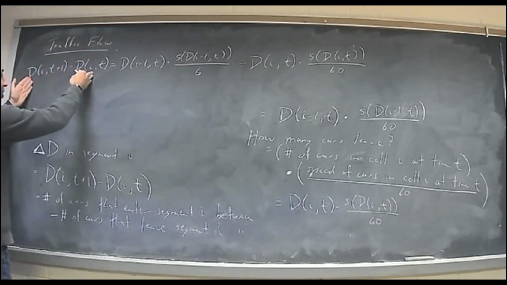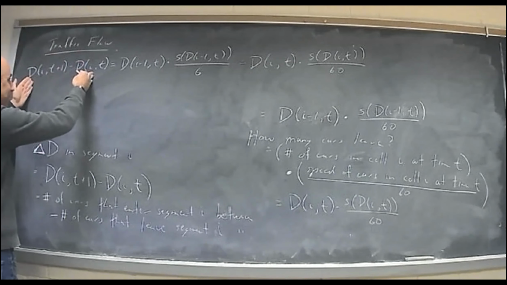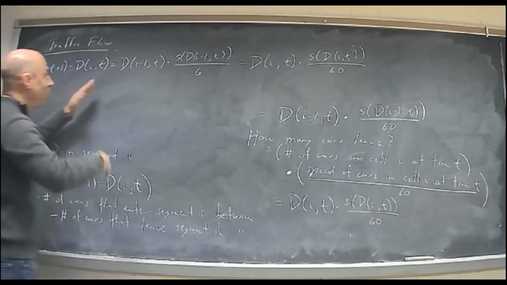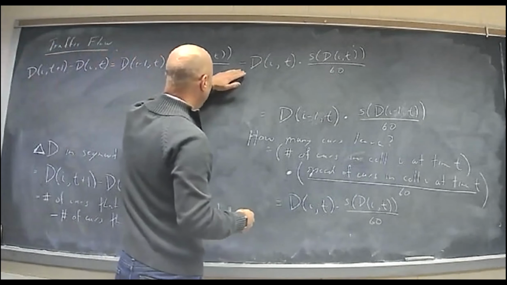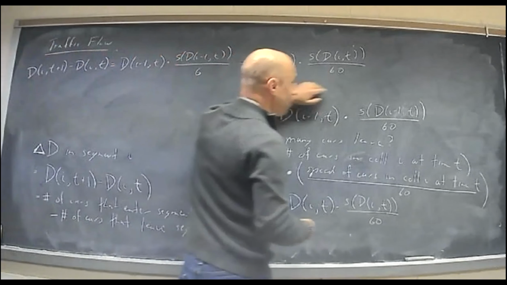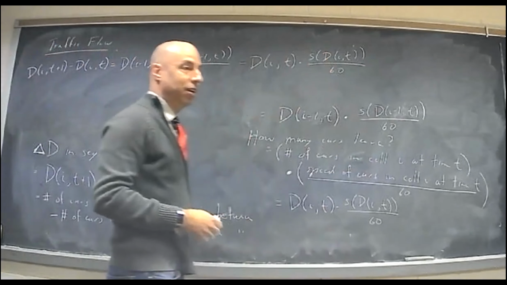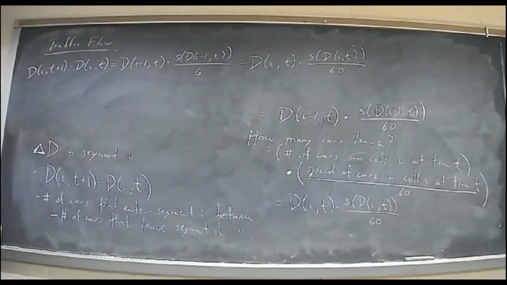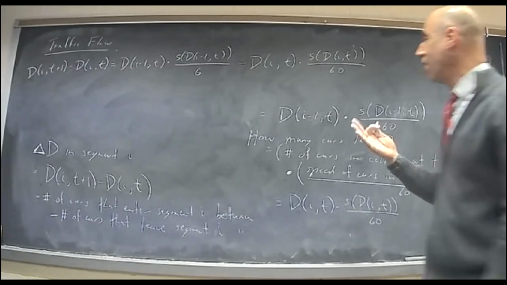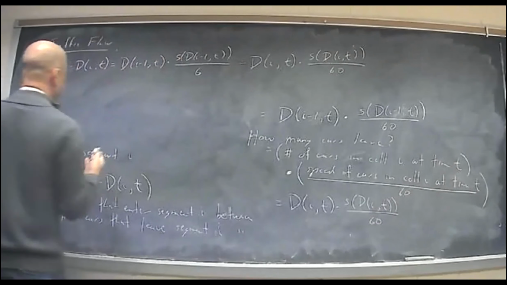So it's the change in number of cars in cell i between time t and t+1, equal to the number of cars entering minus the number of cars leaving. That should hopefully make intuitive sense. Does that make sense? The change in number of cars is the number of cars entering minus the number of cars leaving? Awesome. It's a long formula, but it should be intuitive.